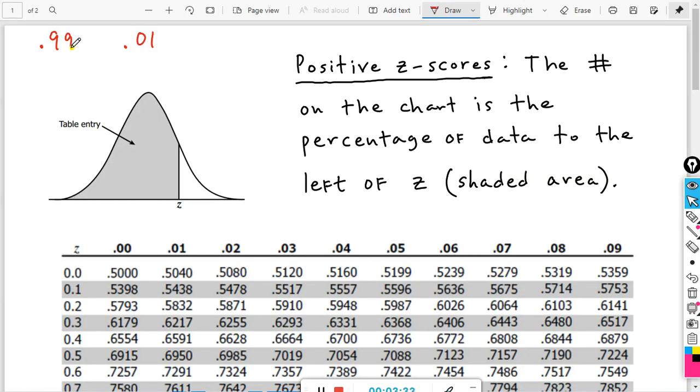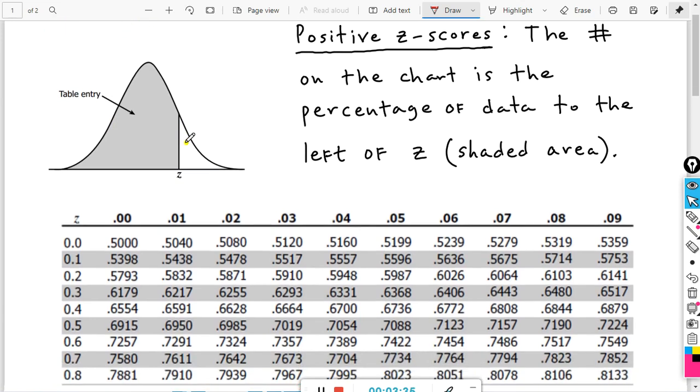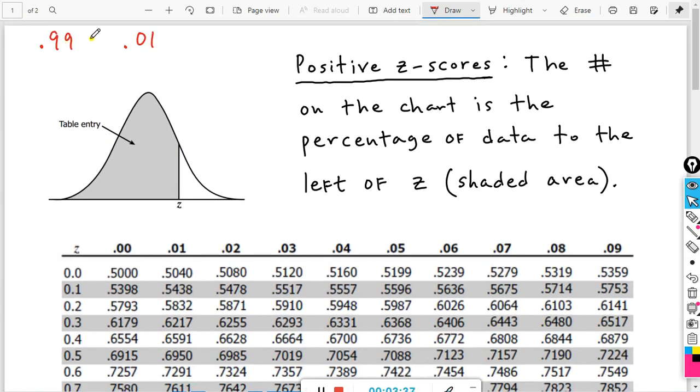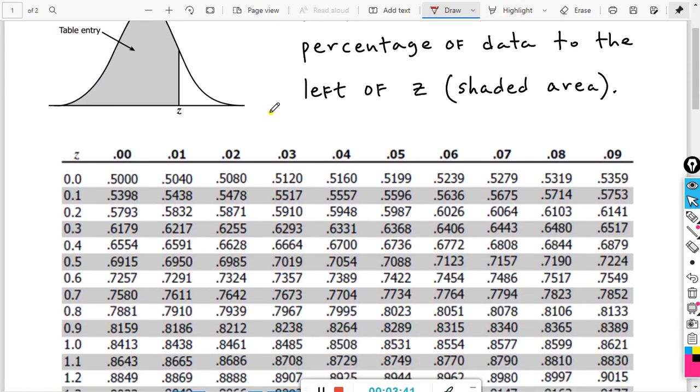All right, so the first one was 0.99. We want to look that up. All right, these are both positive, so we're on the positive z-score page. All right, let's look up 0.99 first. Here is 0.9, okay? And for the second decimal place, we're up here. This is 0.97, 0.98, 0.99. All right, so we just go by where they meet.